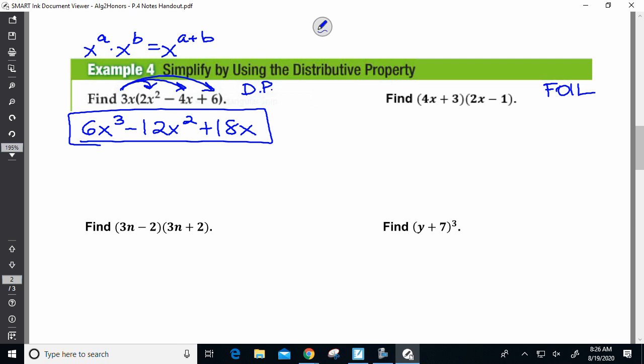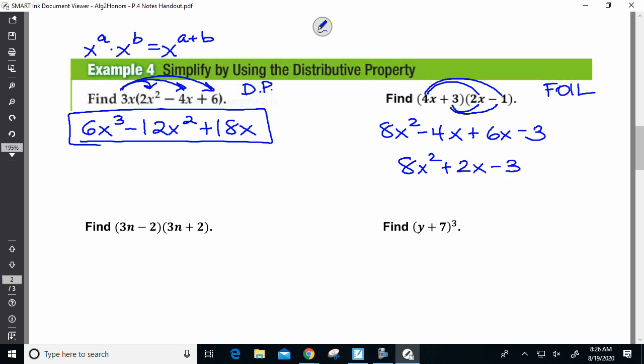So I'm assuming most of you have probably heard FOIL before, distributive property with FOIL. 4x times 2x, 8x squared. 4x times negative 1, negative 4x. 3 times 2x, positive 6x, and then minus 3. And then combine your like terms, get 8x squared plus 2x minus 3.